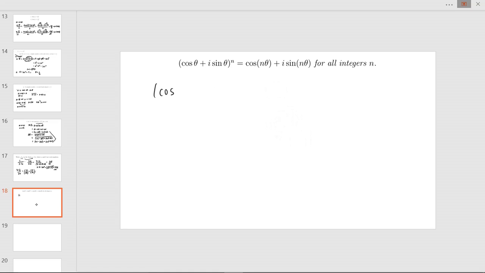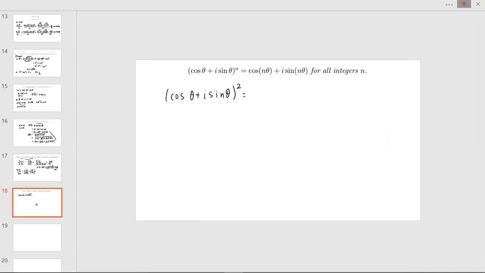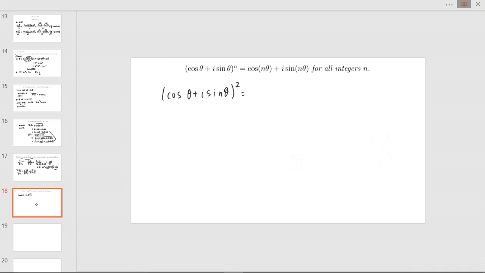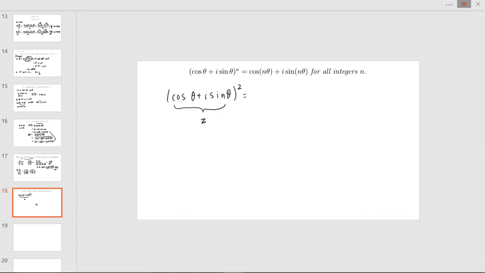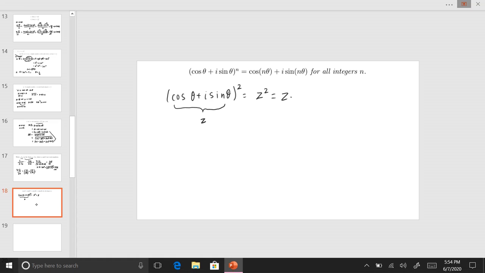Here I will show the 2 case, and from this the n case can easily be seen. So let's call this z. So this is z squared, which is equal to z times z.